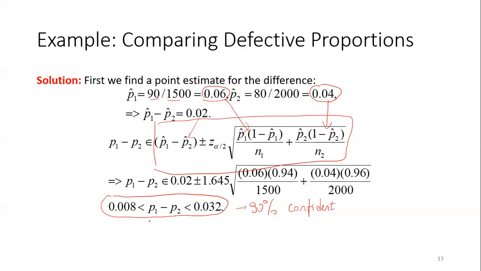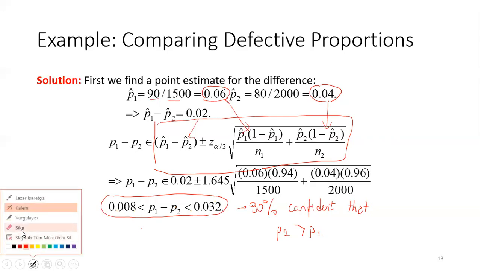What does this mean? I am 90% confident that P1 is greater than P2, sorry, let me just erase this.